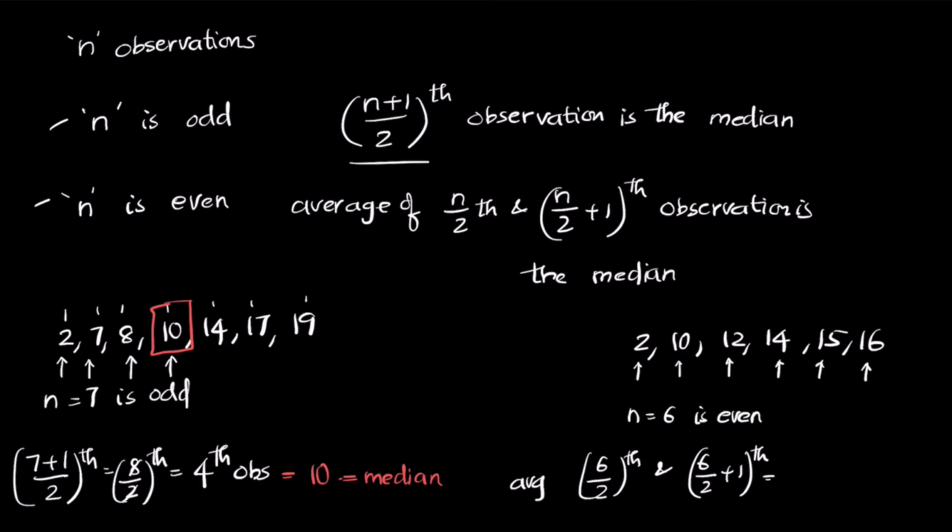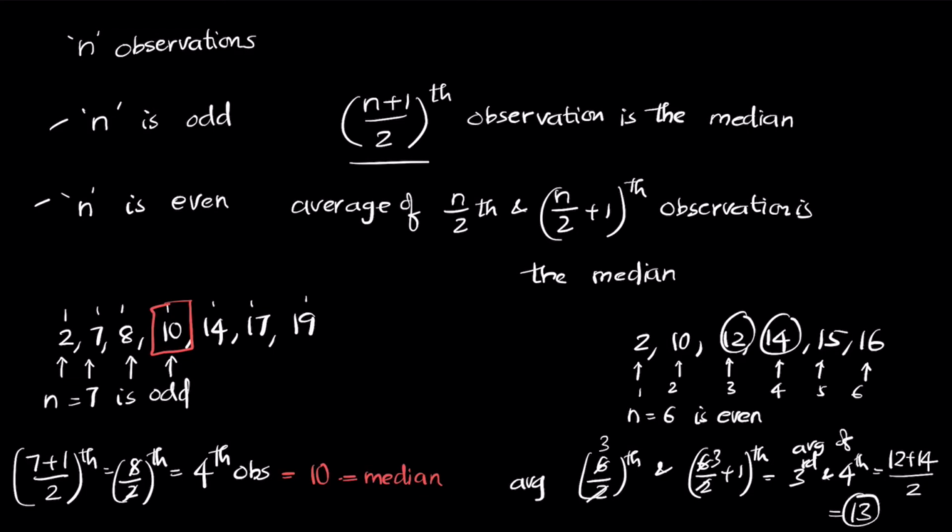What does that mean? 6 by 2 is 3 and 3 plus 1 is 4. So it's the average of the third and fourth observation. What is the third observation here? 1, 2, 3, 4, 5 and 6. So it's the average of 12 and 14. When you write it, you get 12 plus 14 by 2, which gives you a value of 30. So the median here is 30.